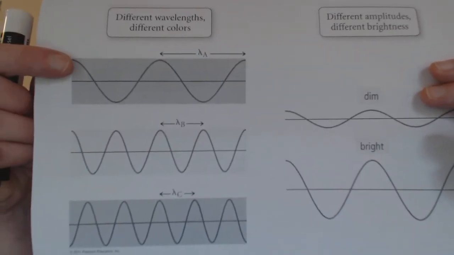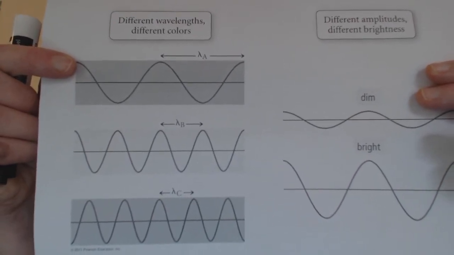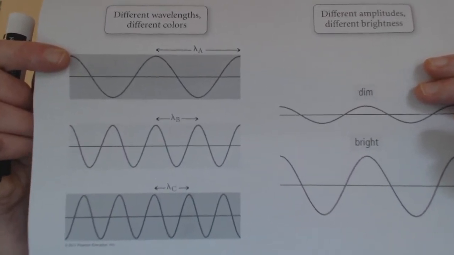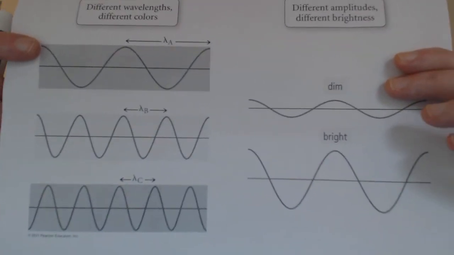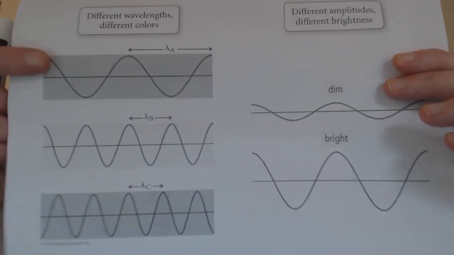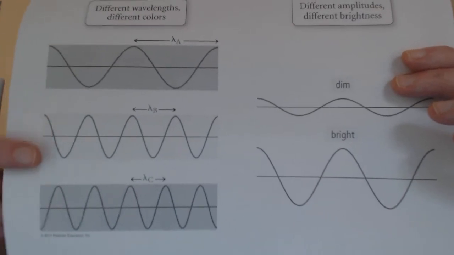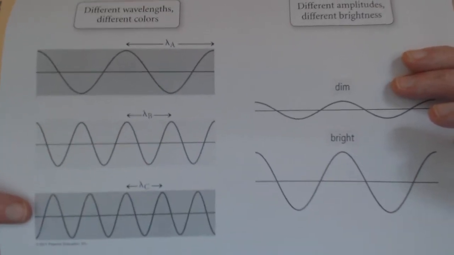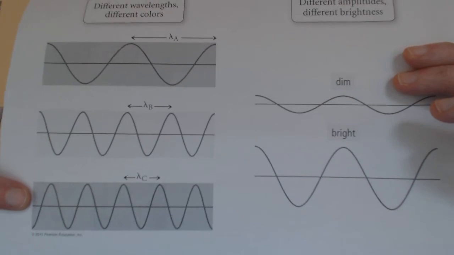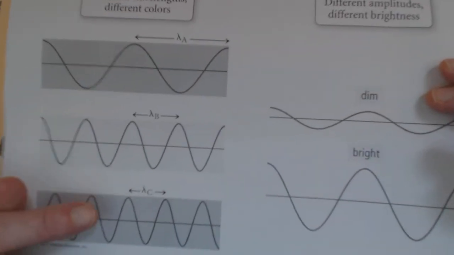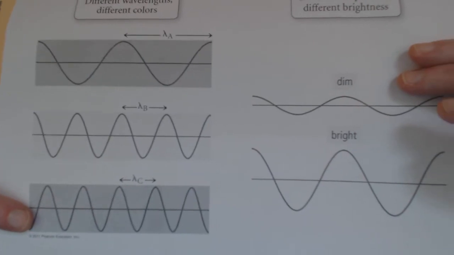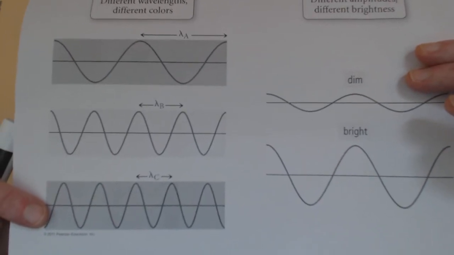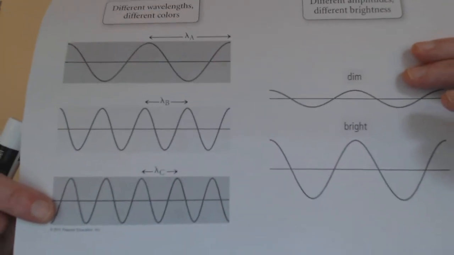This one here has the longest wavelength, and you'll learn this soon, in the colors, red is the one with the longest wavelength. And this one down here, of the three that are pictured, has the shortest wavelength. You can see what they're trying to measure right there, wavelength. I believe it's supposed to be violet light, because of the colors, that is the shortest wavelength.